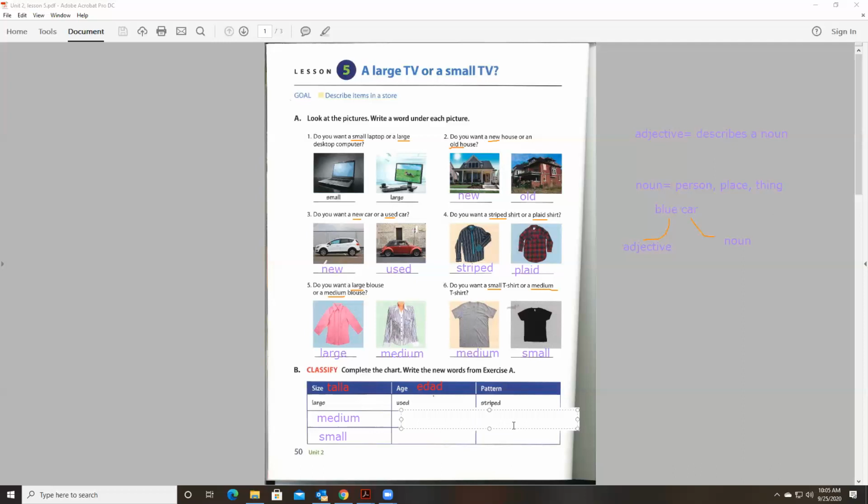We have the word new, nuevo. And we have the word old, viejo. Okay, now we have two words that talk about pattern. Pattern quiere decir estampado. Okay, so the two words are striped and plaid.